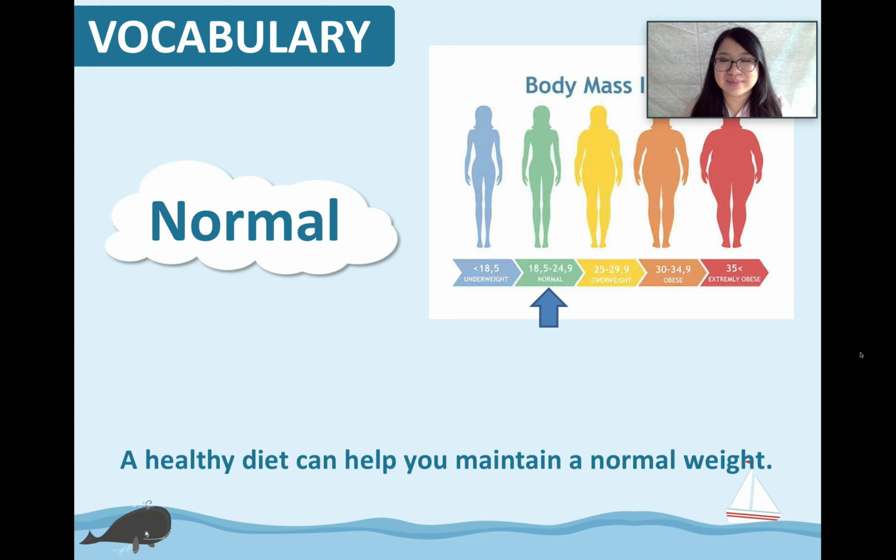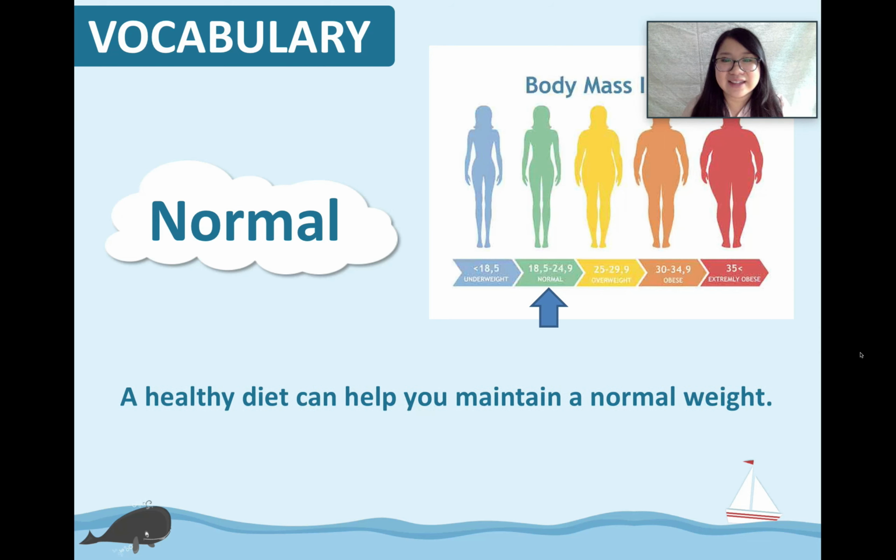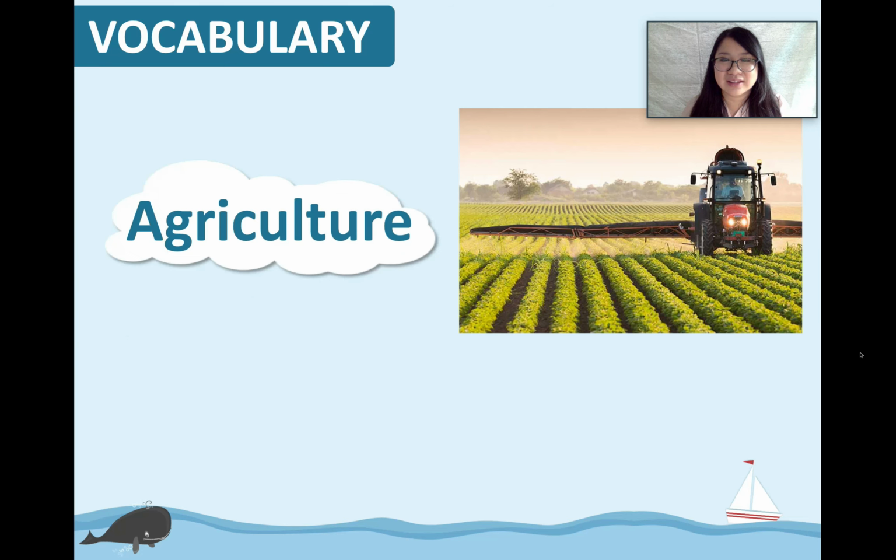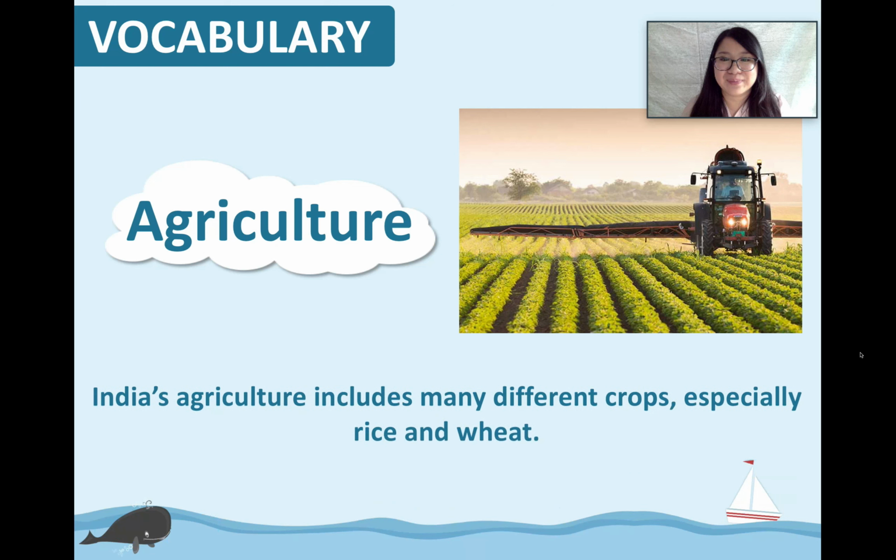Normal. A healthy diet can help you maintain a normal weight. Agriculture. India's agriculture includes many different crops, especially rice and wheat.